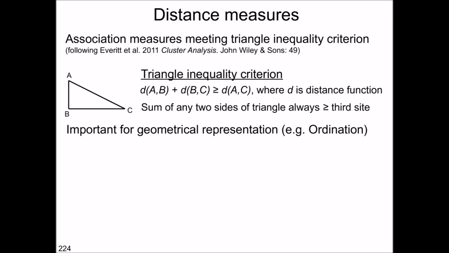The distances that you see in the ordination plot could not be interpreted in a proper way. Several of the similarity measures can be square root transformed to meet the triangle inequality criterion. So if you use them in raw form, it wouldn't work, but there are transformations to achieve that.